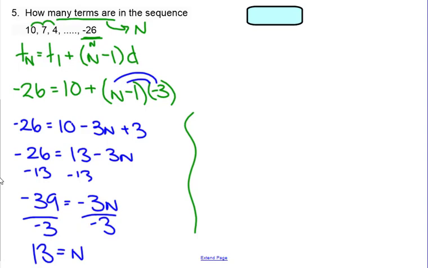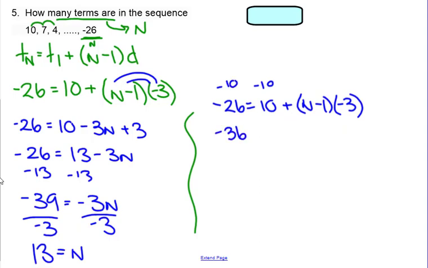Another way you could do it, so I'm just going to rewrite my equation. N minus 1 times -3. The first step we could do is subtract 10 from both sides. So -36 is equal to n minus 1 times -3.